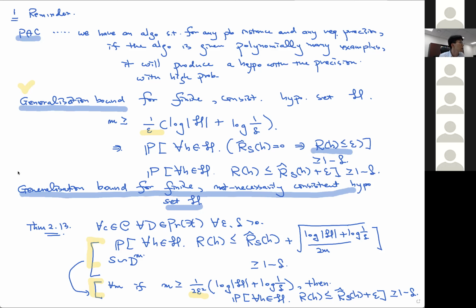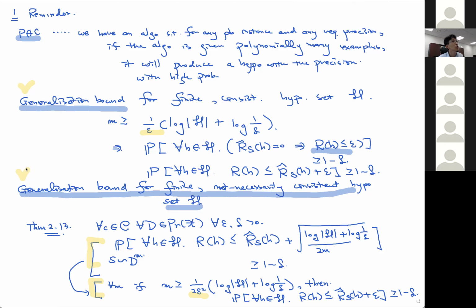We are using Hoeffding's inequality, which is a different type of, much weaker argument about what's going to happen when we take an average of independent bounded random variables and how fast it's going to converge to the expectation.